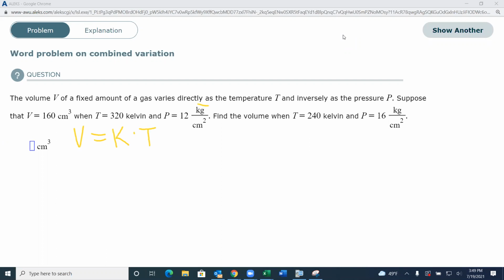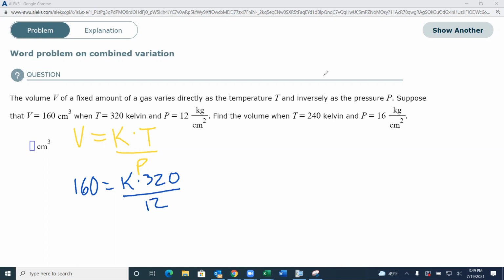I know the wording is grammatically a little peculiar, but that's the way it is. And inversely with the pressure. Suppose that when the volume is 160, the temperature is 320, and the pressure is 12.